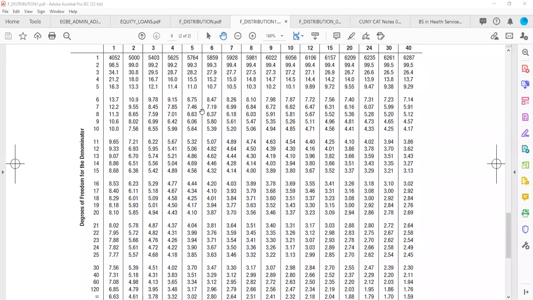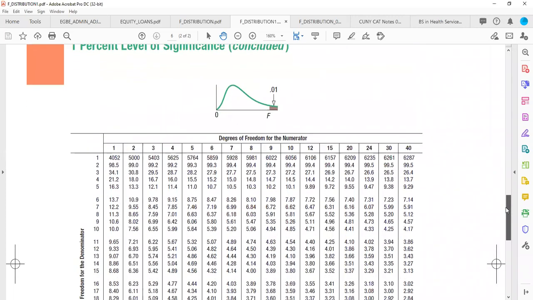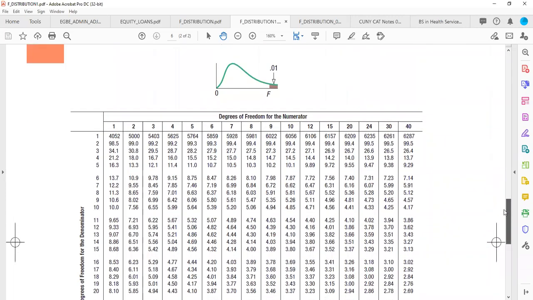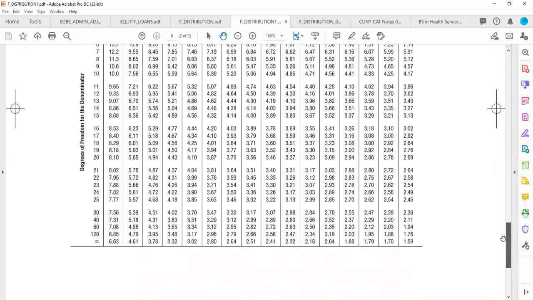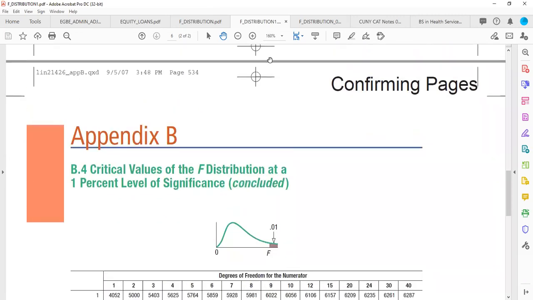Okay, so now I have an F distribution table for a 0.01 level of significance. The F distribution we're going to use is for 2 degrees of freedom and for 105 degrees of freedom. This table does not have 105, so we're going to use 120, which is the closest that we have.